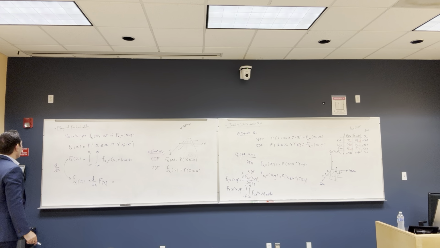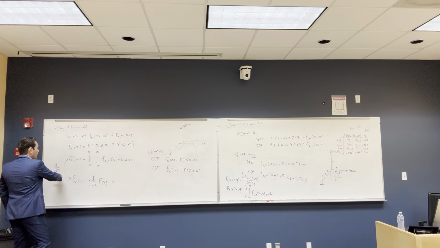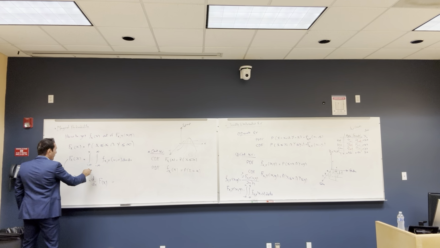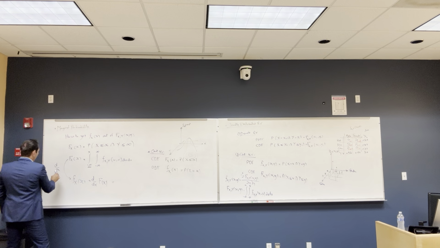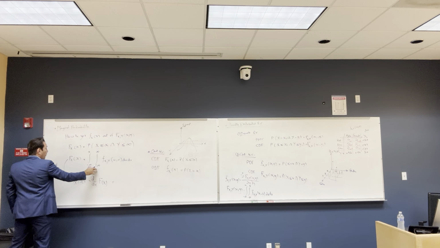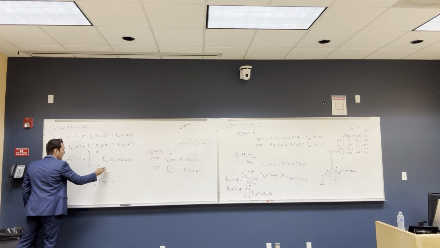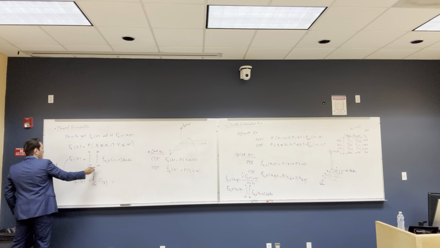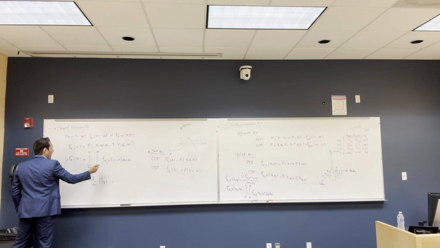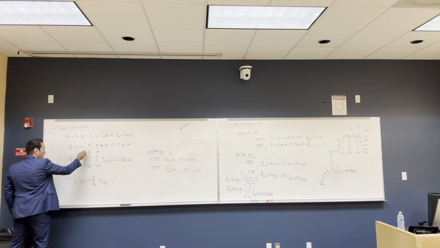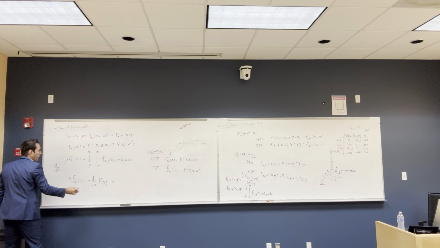So if I want to differentiate this with respect to x, I'm going to only focus on this part. If I'm differentiating with respect to y, I'm getting rid of the integration in the y direction. And if I'm differentiating with respect to x, I'm getting rid of the differentiation in the x direction.